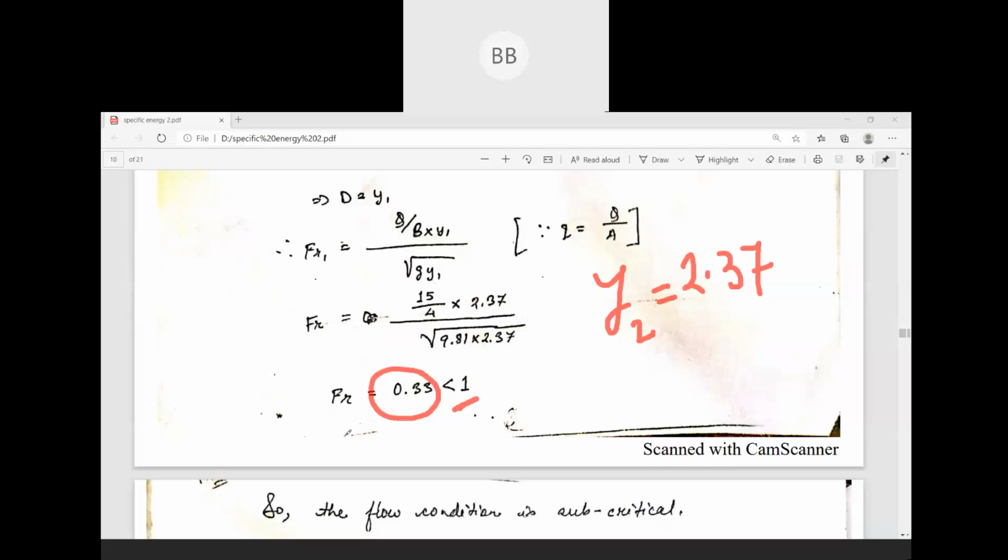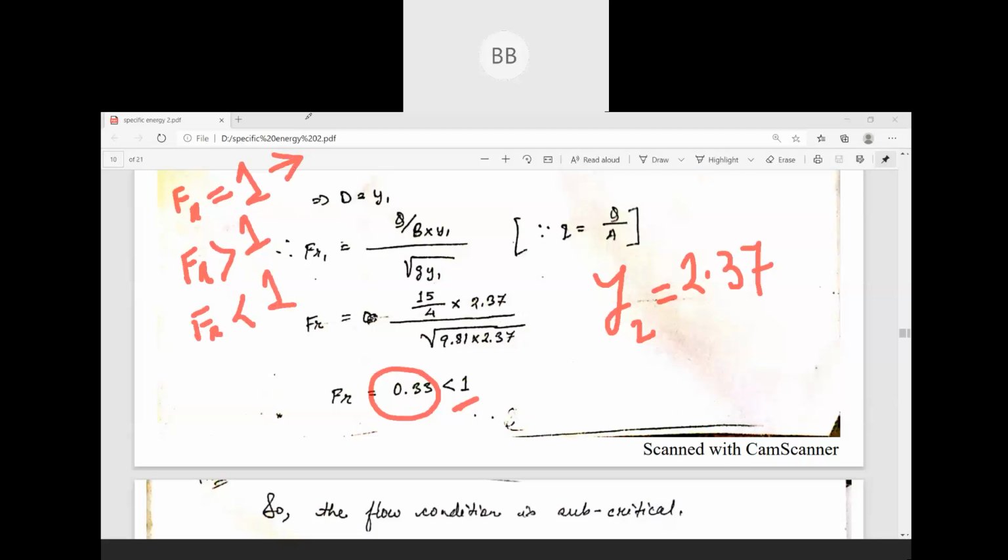From the Froude number also you can justify your result that it is subcritical or supercritical. For critical flow, your Froude number is equal to 1. For supercritical, your Froude number is greater than 1, and for subcritical, your Froude number is less than 1.